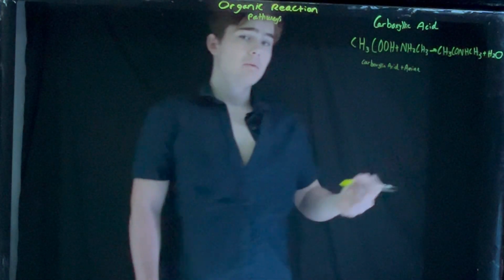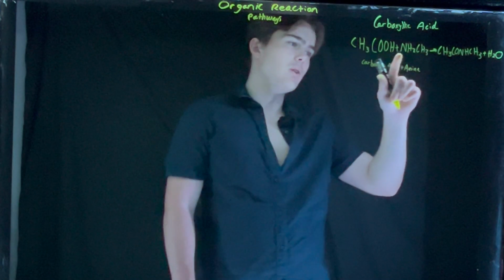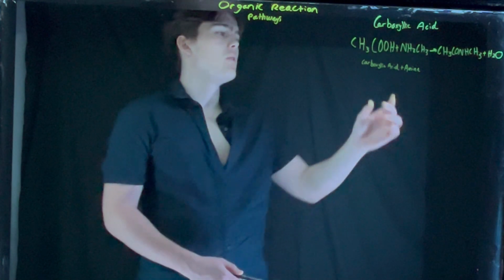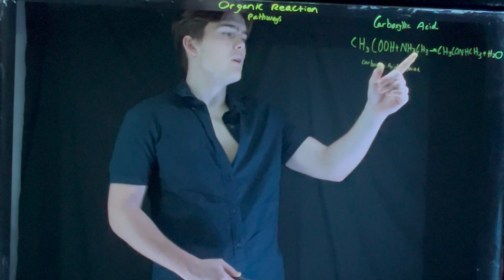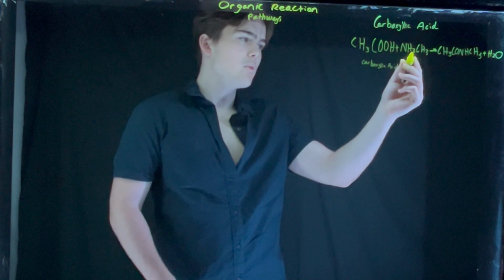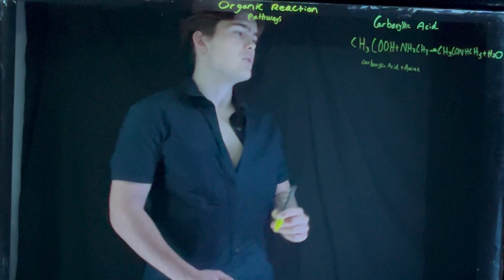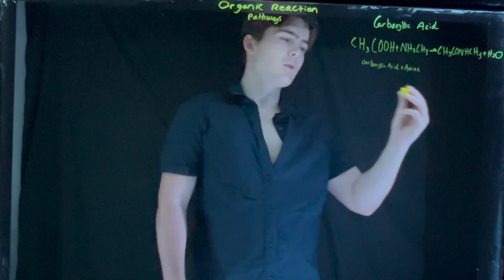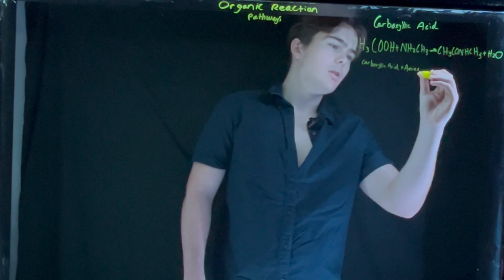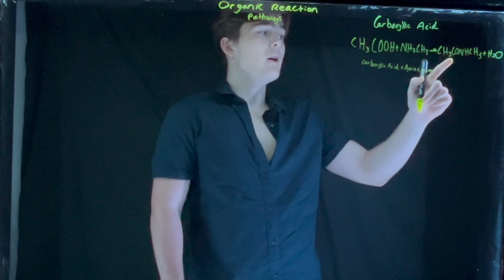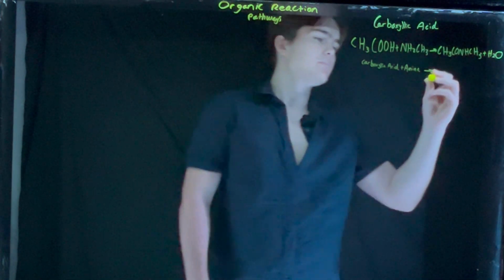What makes it an amine? Well, that's this NH2 group here. So this is going to be methanamine, because we only have that one carbon and the NH2 group here. So this is the amine functional group. Now what this is going to produce on the other side of the equation is an amide and water.